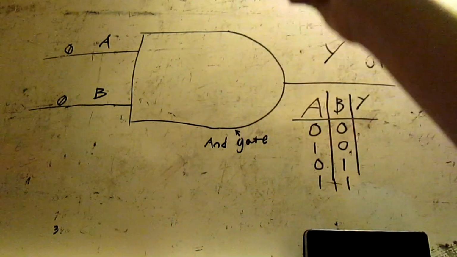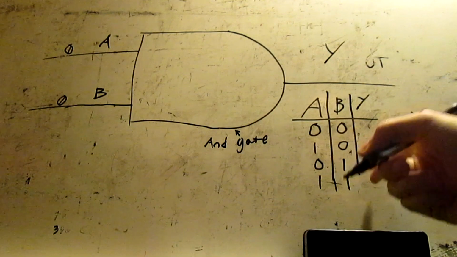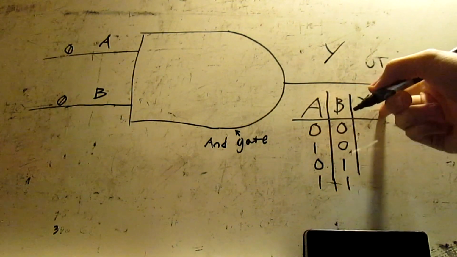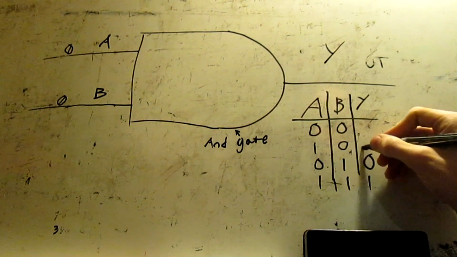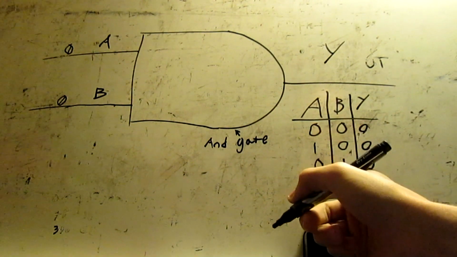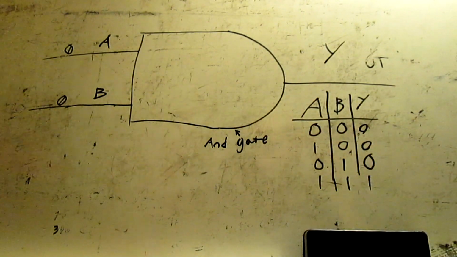This is the AND gate's truth table. The only time Y, the output, will have a 1, is when they're both 1. And so A and B is what Y is.